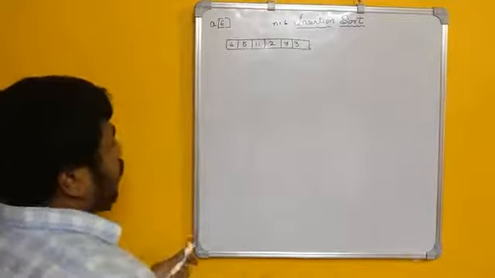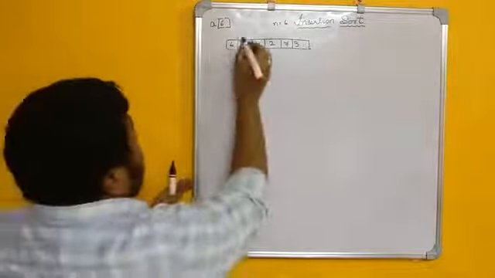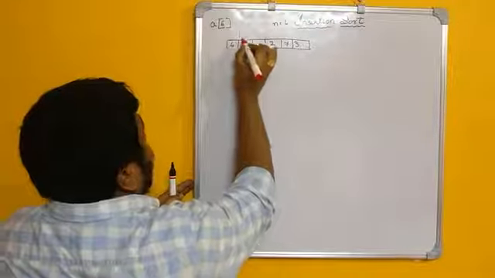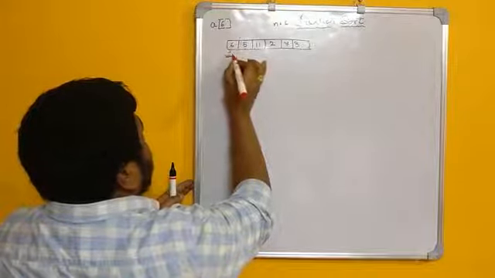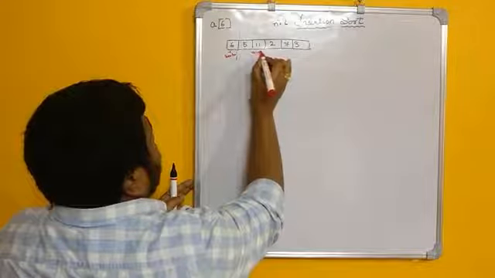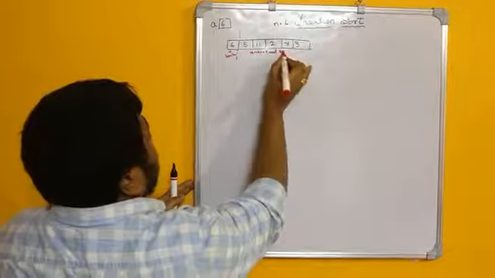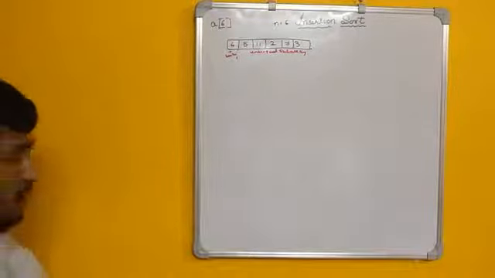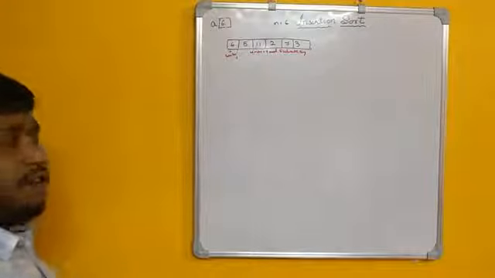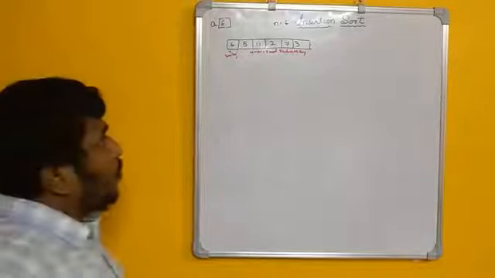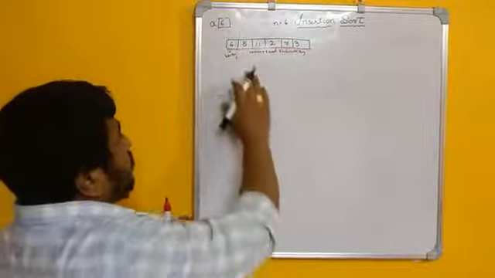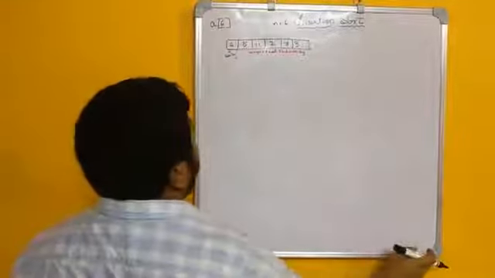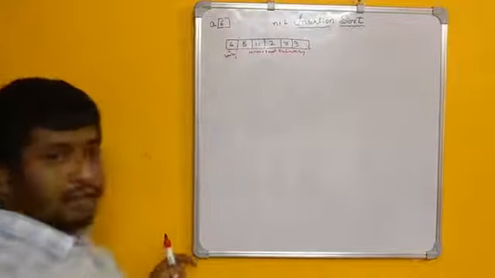So first of all, what is the first step? We will divide it into two parts: this is the sorted subarray and the unsorted subarray. Now this is our sorted subarray and unsorted subarray. First, we will pick one element from the unsorted subarray.